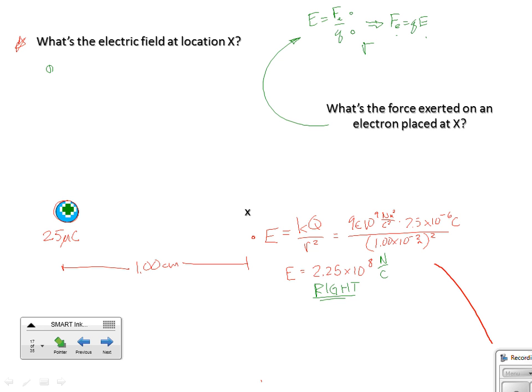That force is going to be the electron charge, 1.6 times 10 to the negative 19th coulombs, times 2.25 times 10 to the 8th newtons per coulomb. The force exerted on an electron is 3.6 times 10 to the negative 11th newtons.